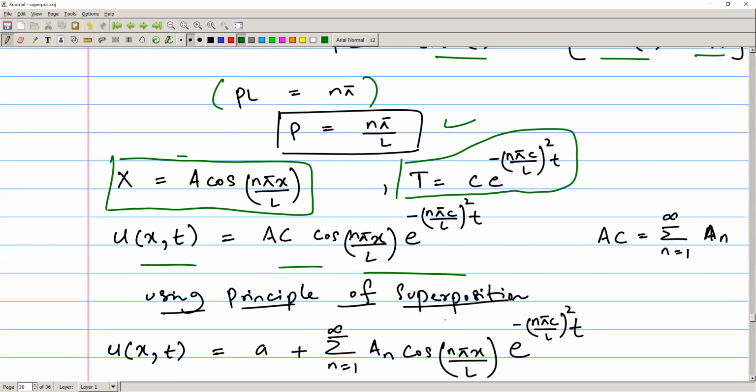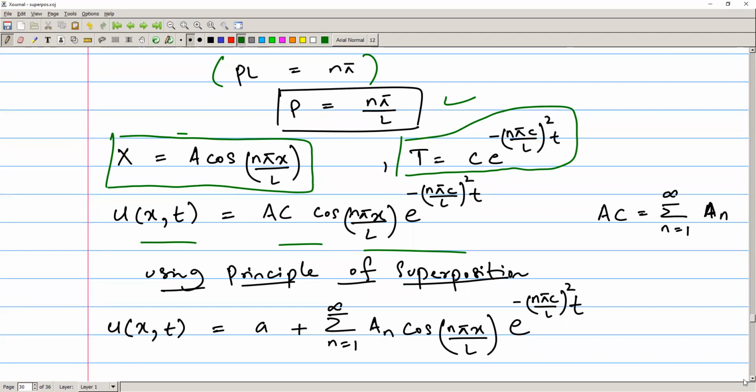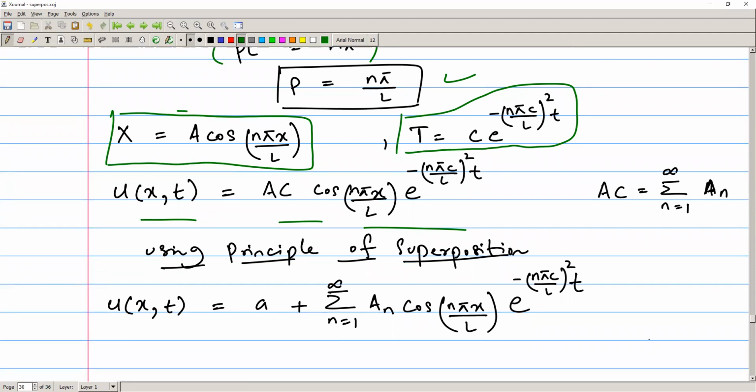All right, so now we got two solutions, two non-trivial solutions actually. The first solution was for lambda equal to 0, and the second solution is for lambda less than 0. And for lambda greater than 0, we got a trivial solution, so we don't need that solution. So we'll use the principle of superposition.